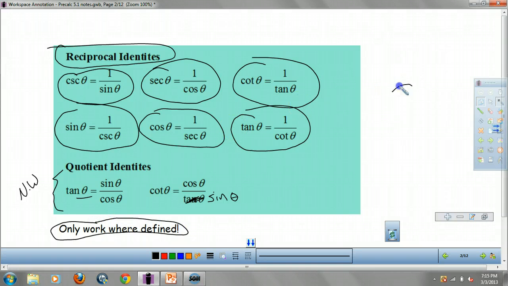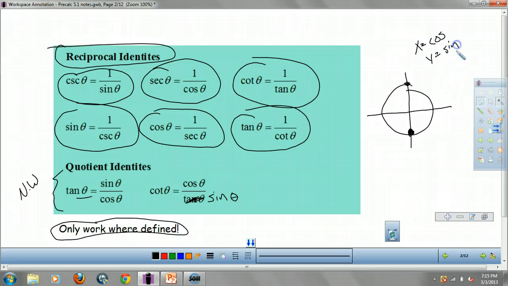Remember that little unit circle? Here's some things you gotta keep in mind. Remember your x is equal to your cosine, your y is equal to your sine. So where's cosine 0? Well, it equals 0 at pi over 2 and 3 pi over 2. Where's sine 0?